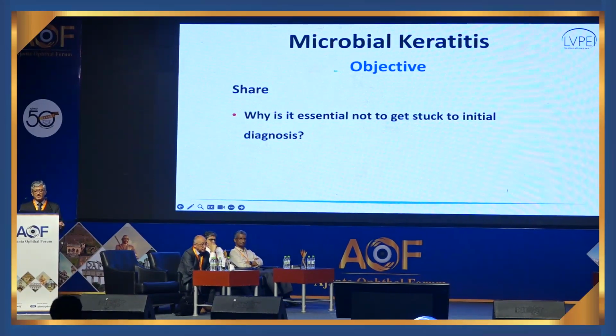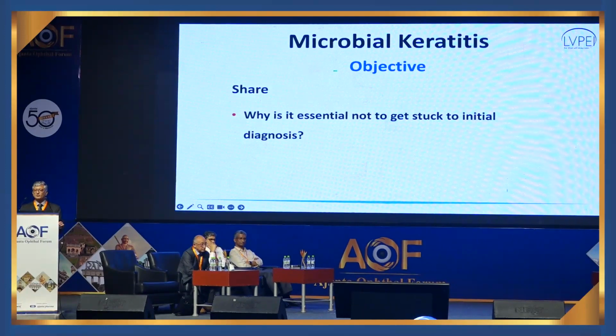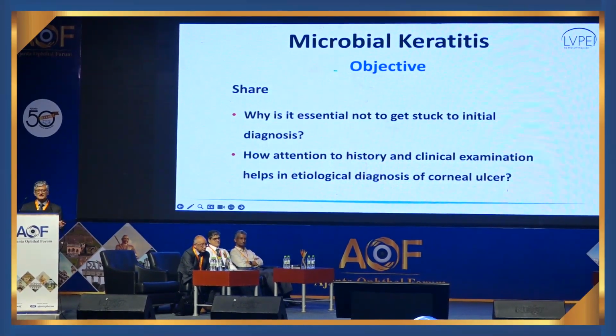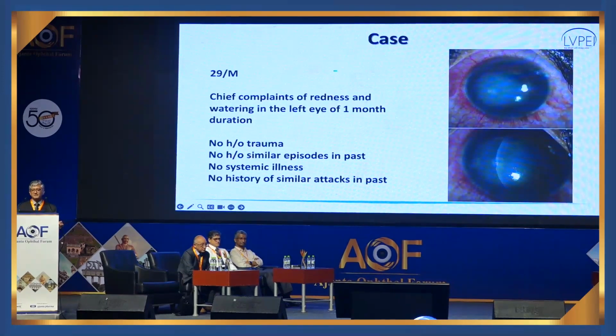The objective of my talk will be to share with you why it is essential not to get stuck to the initial diagnosis, and how attention to history and clinical examination helps in etiological diagnosis of corneal ulcer. And I'll be showing you cases to substantiate this point.